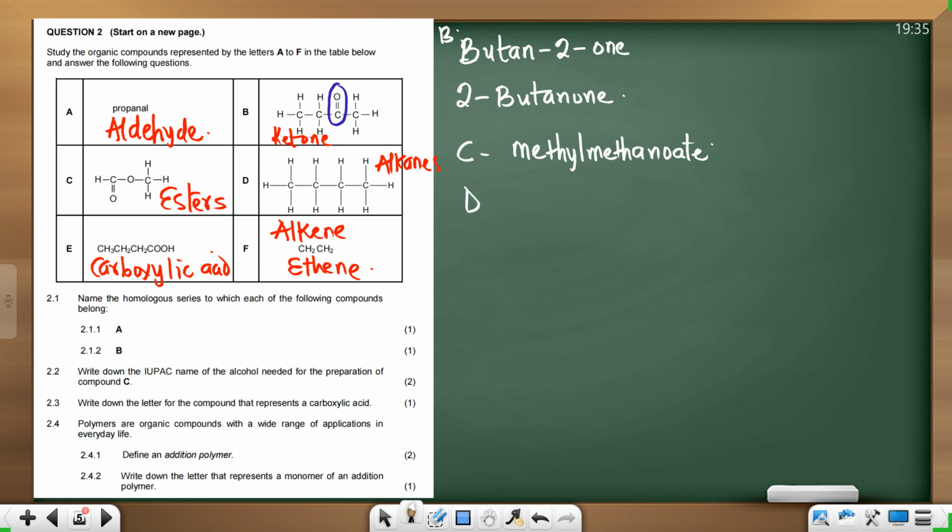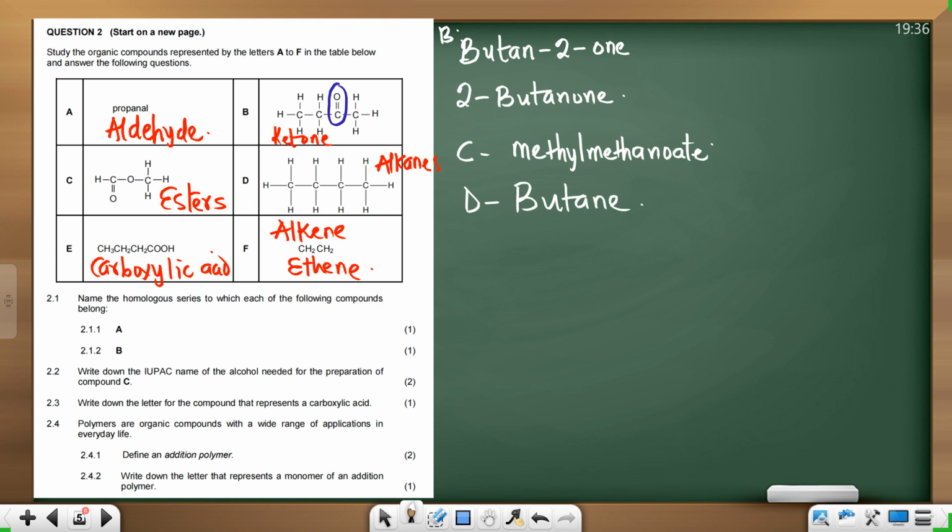What about D? Butane. That's the easiest one, right?